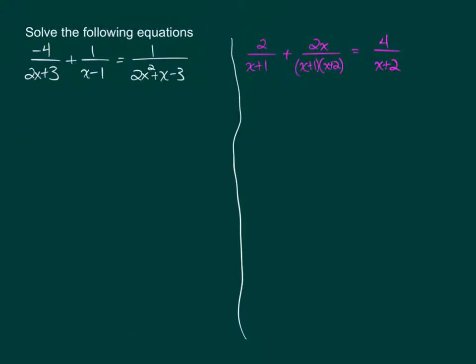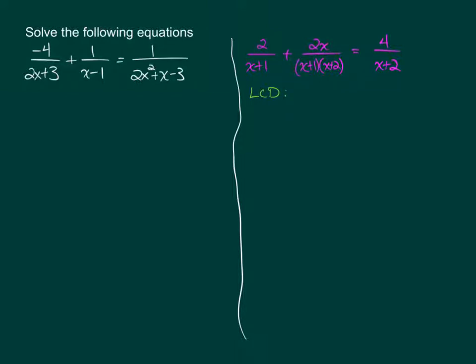Solve the following equations. These examples are also rational equations, and you can notice that they are because there are x's in the denominator. So I'm going to start with this one over here, and I want to go ahead and find the LCD for this.